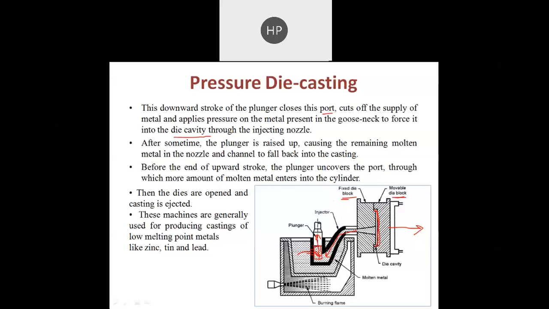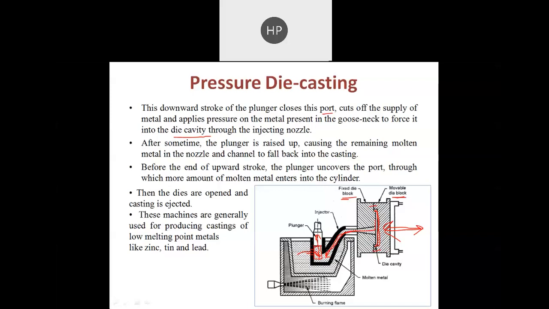Again the movable part is brought into contact with the fixed die, so again we have a hollow cavity here. Now the plunger will move down, the molten metal will be forced into the hollow cavity, solidify, and be taken out.